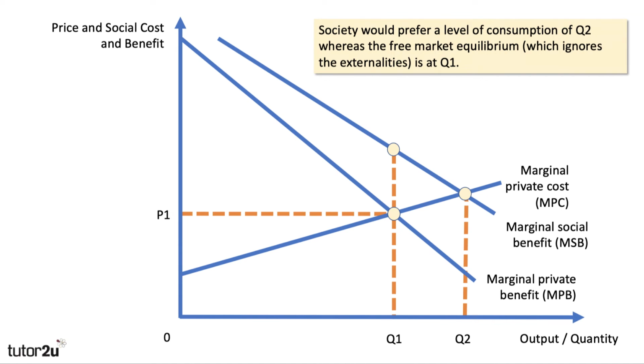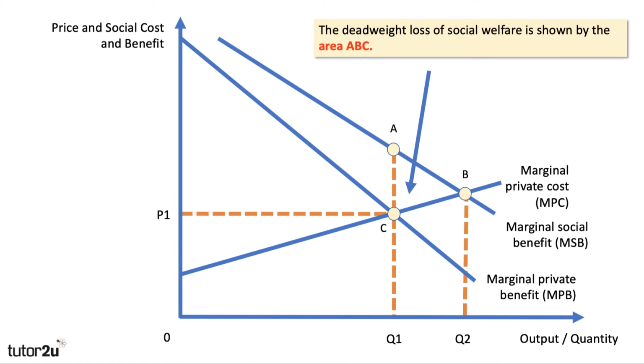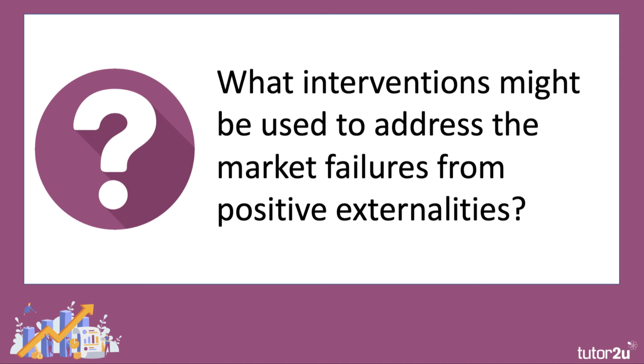Again, the society would prefer a level of consumption of Q2, whereas the free market equilibrium, which only considers private costs and benefits, is at Q1. So therefore, labelling some key parts of the diagram, the deadweight loss of social welfare is shown by the area A, B, C. You see from output Q1 to Q2, the social benefit is greater than the cost of supply. So we're losing some social welfare if we stick at output Q1.